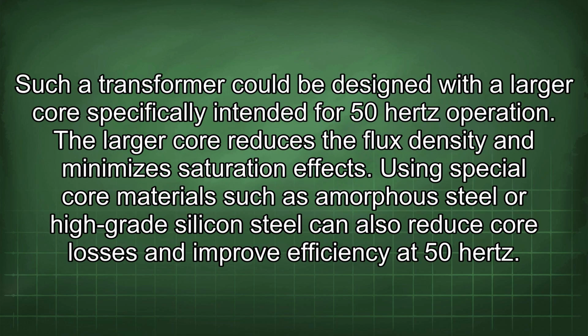Such a transformer could be designed with a larger core specifically intended for 50 Hz operation. The larger core reduces the flux density and minimizes saturation effects. Using special core materials such as amorphous steel or high-grade silicon steel can also reduce core losses and improve efficiency at 50 Hz.